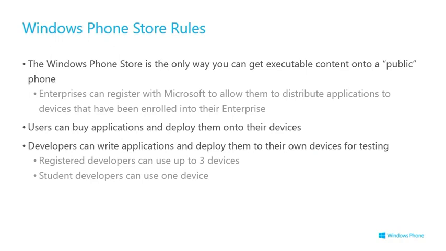The exception to that rule is enterprises who have registered as enterprise publishers who are publishing their own applications. But even those have to be digitally signed with the enterprise's own digital signature, and the phones that receive it have to be enrolled into that enterprise, and Rob will be talking about that a little bit later on.